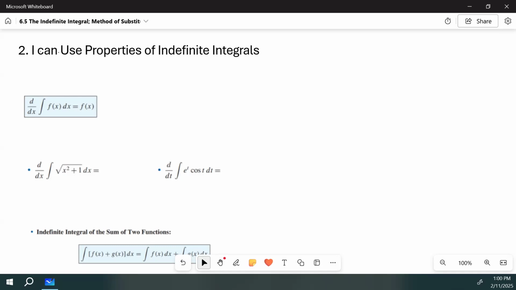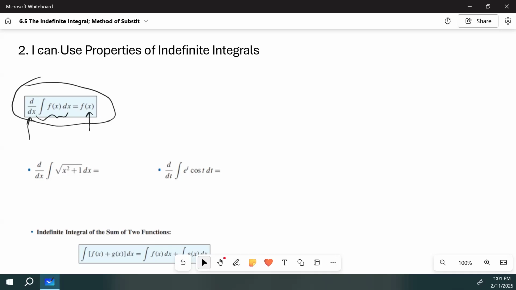So one of the first things that's important is the derivative of an indefinite integral. This basically says that if you take the derivative of an indefinite integral with respect to x, you will get the function inside.